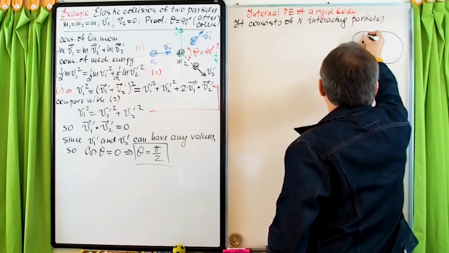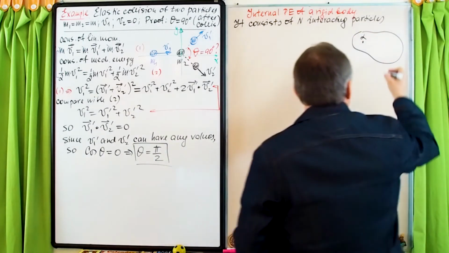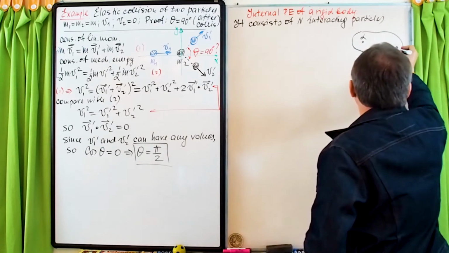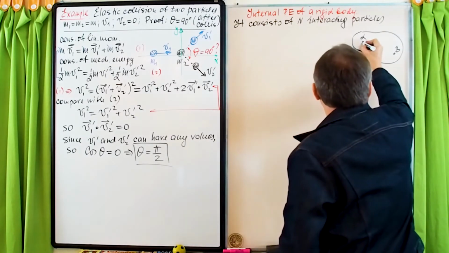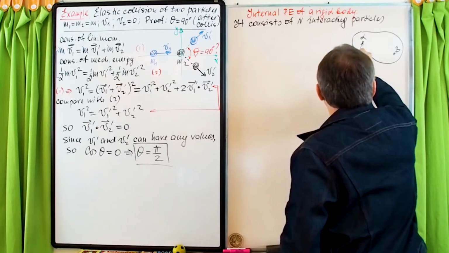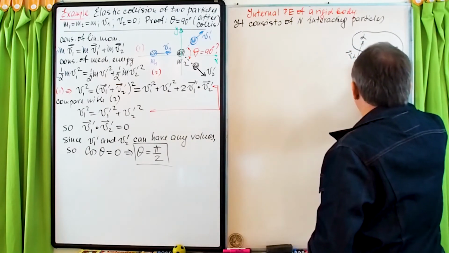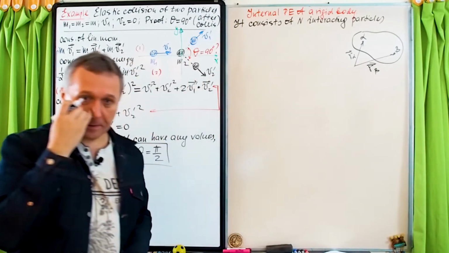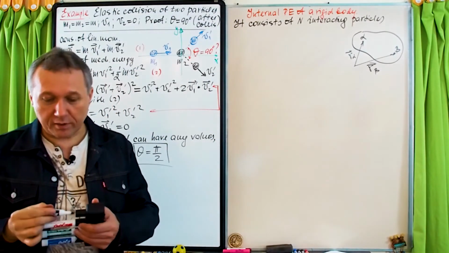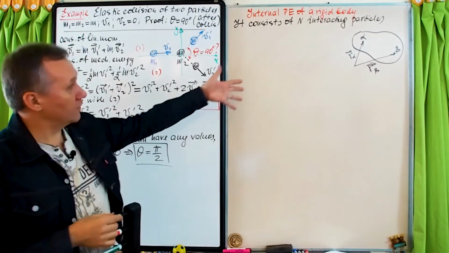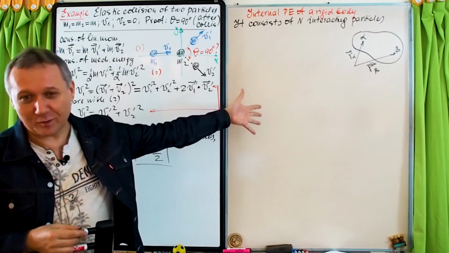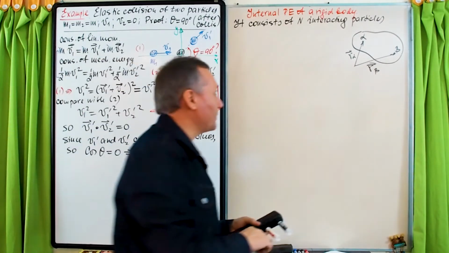I can take this particle alpha, and here, for example, beta. This will be defined by the position vectors r alpha, r beta. And of course, we can introduce the relative position vector, like what we had in this part which I just erased.